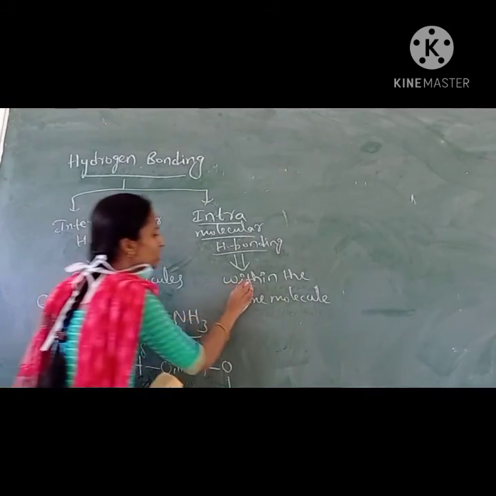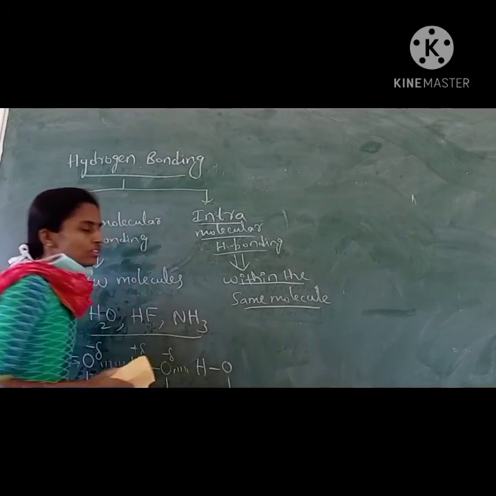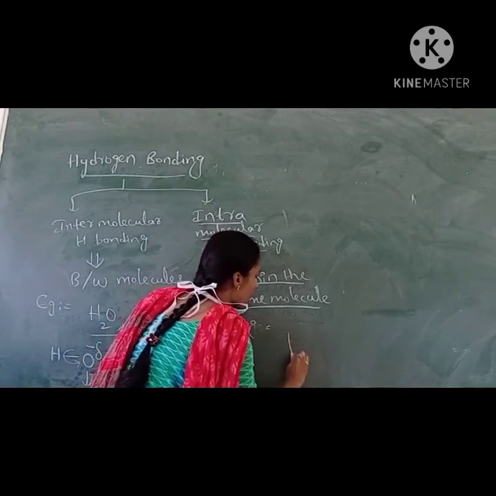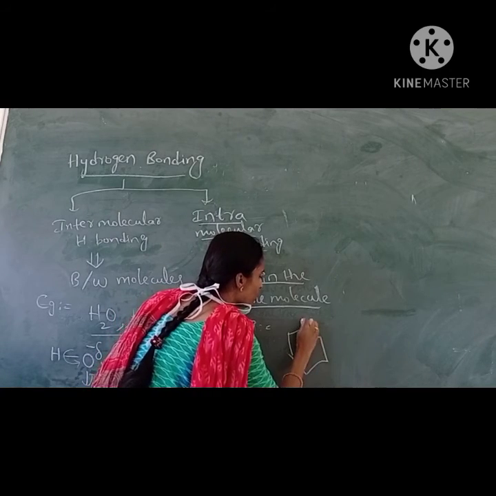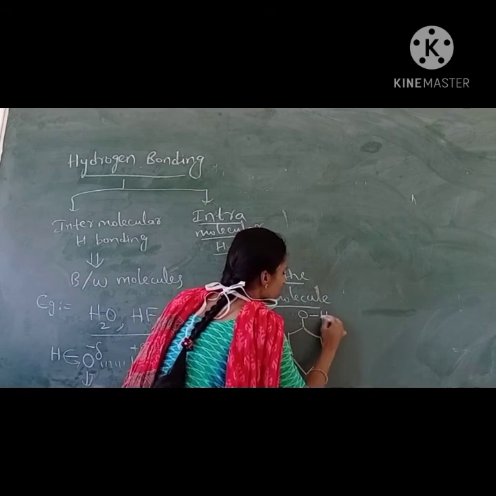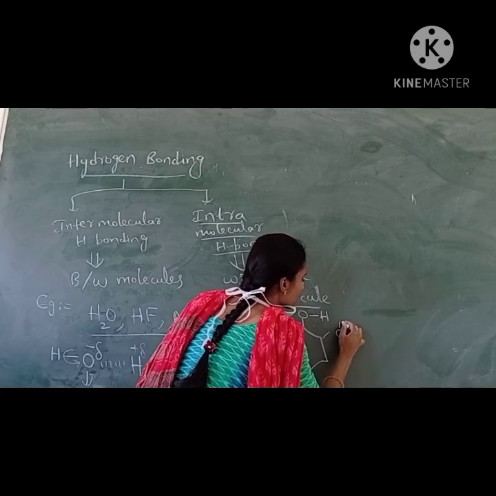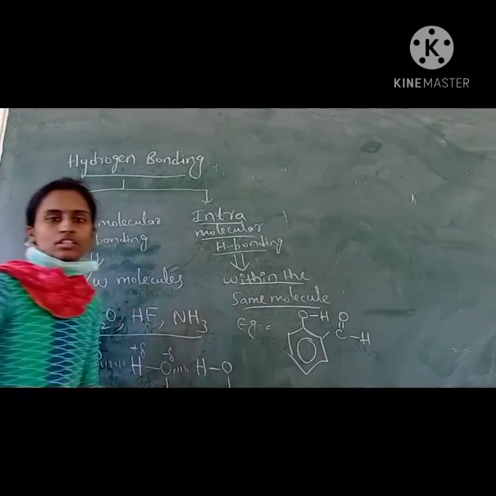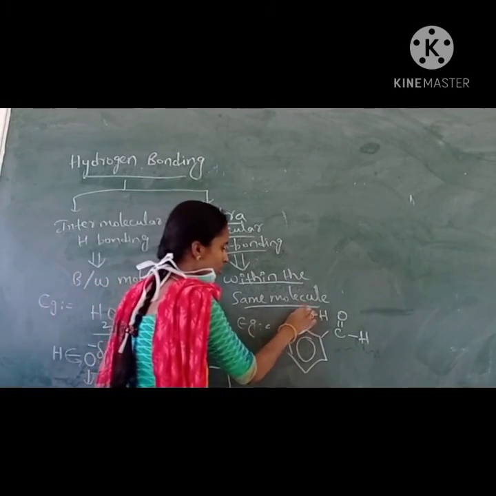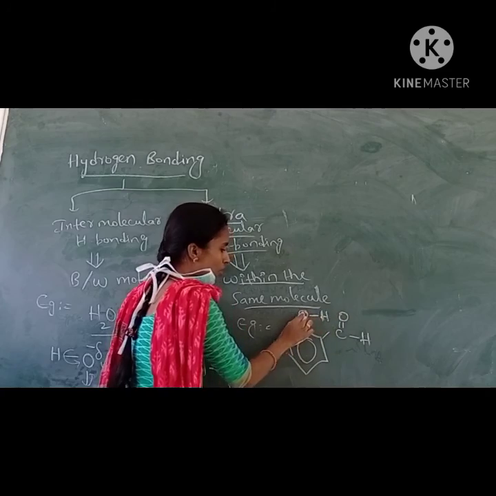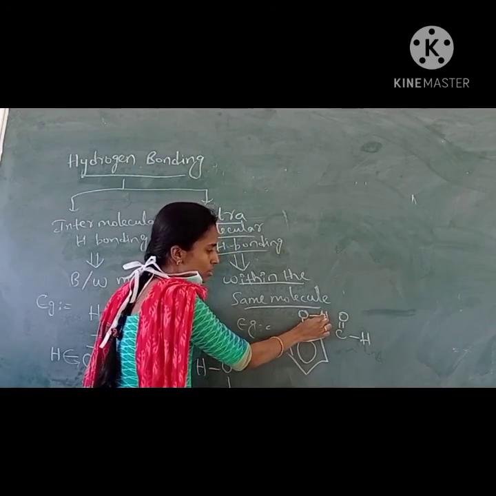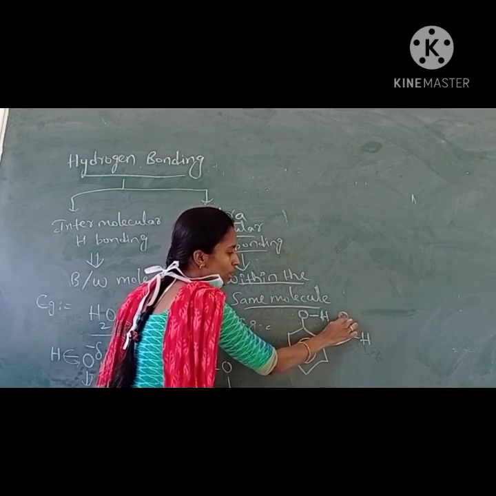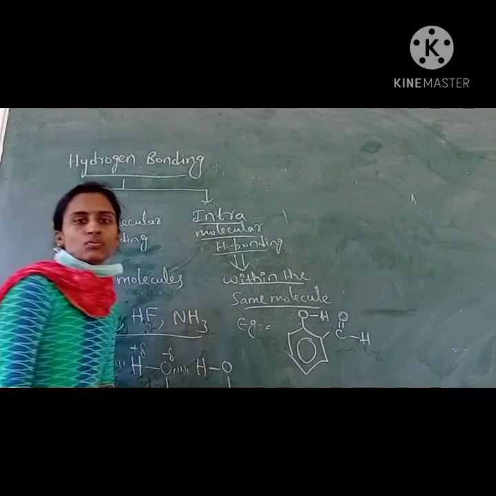Now an example within the same molecule: orthohydroxybenzaldehyde. This is its structure, and here the OH is present. Oxygen is more electronegative and hydrogen is attached to it, so the condition is fulfilled.